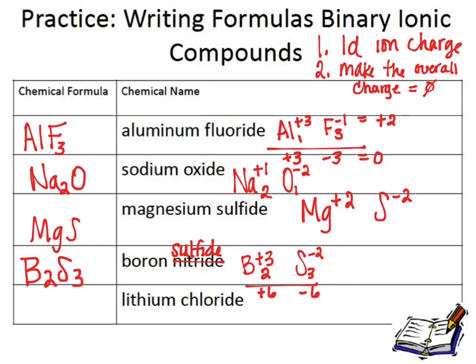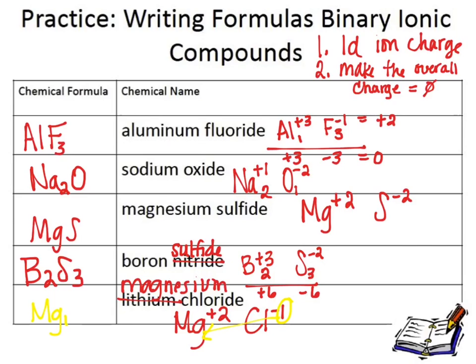So, let's do magnesium chloride. What's the charge on magnesium? +2. What's the charge on chlorine? -1. So what you're going to do, if you don't like doing the math, is take the absolute value of the charge on chlorine, drop it, and give that subscript to magnesium, Mg1.